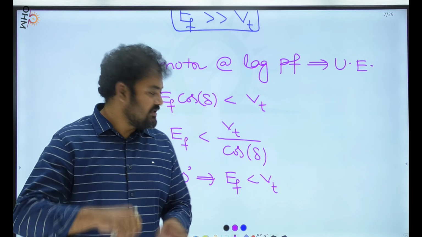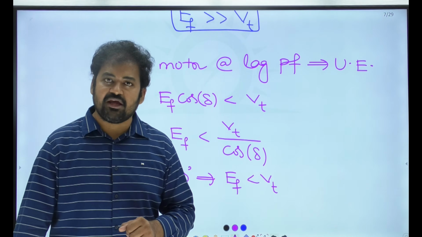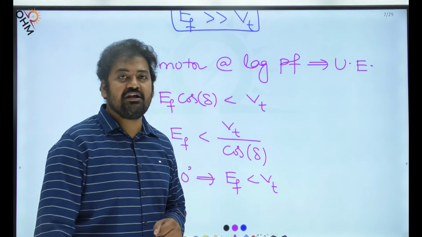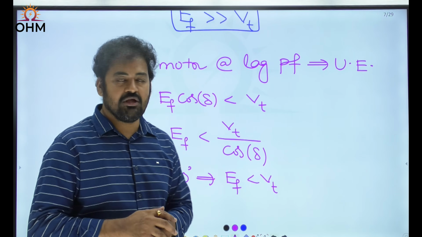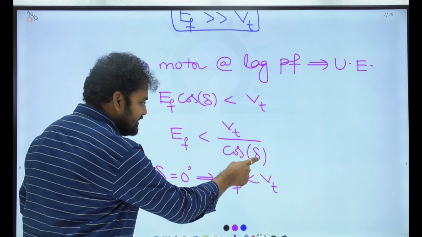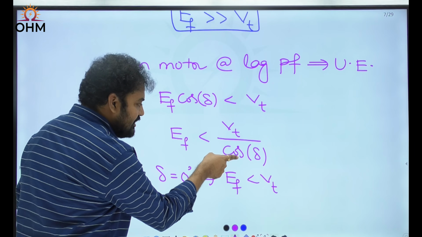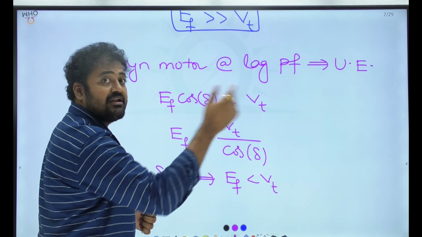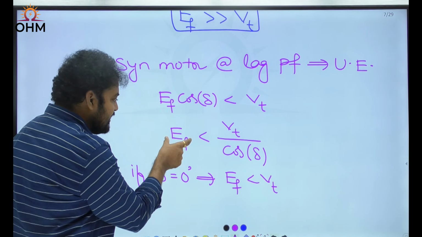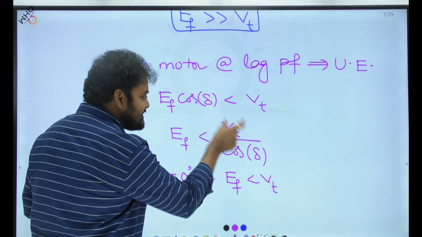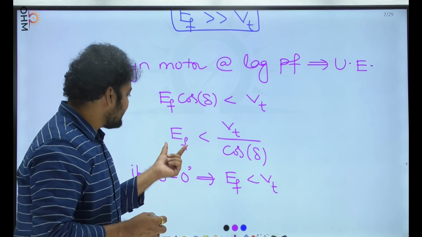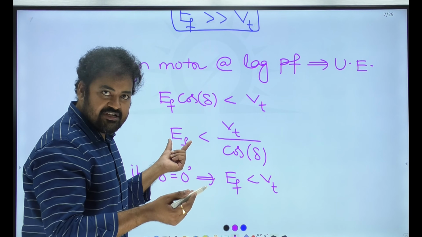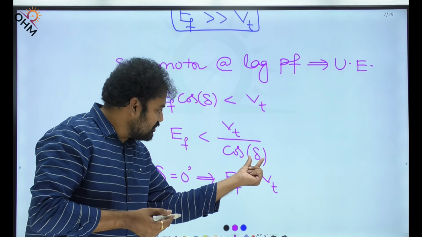When load is present, delta is a finite load angle. We know cos of any finite angle is less than 1. If cos delta is less than 1, 1 by cos delta will become greater than 1. In that case, EF cannot always be less than Vt. It depends upon various other factors, like what amount of excitation and what load angle is given.